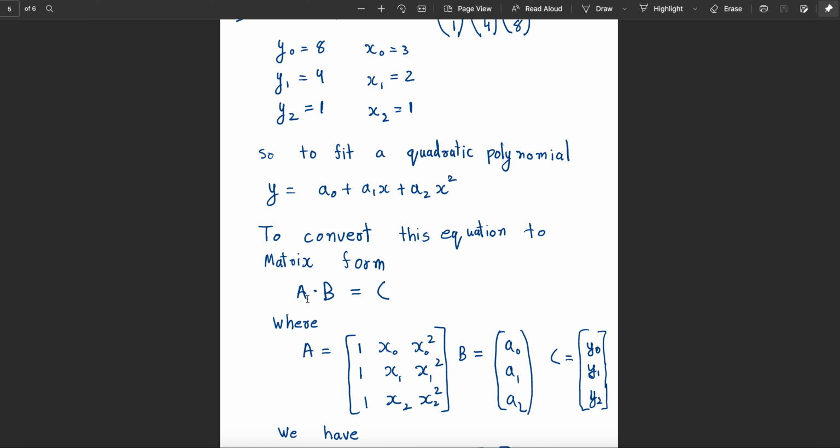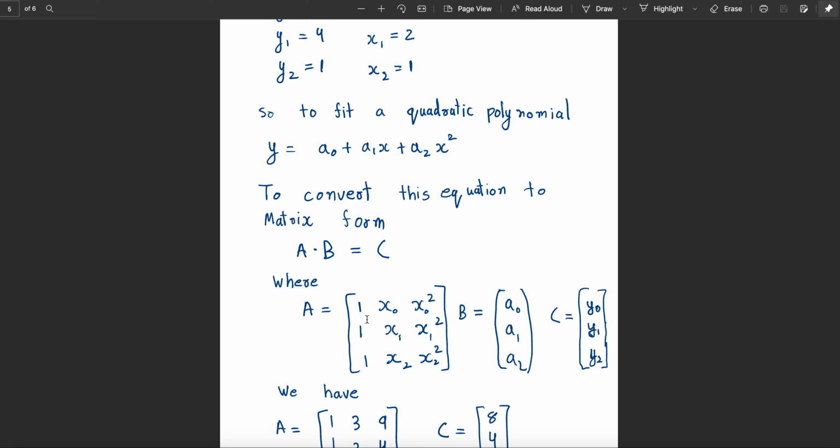So we need to convert this equation into a matrix form. So we write the matrix form of the equation: A times b is equal to c. So the A matrix is this. The first column is just ones, that represents the a0. Then x of degree 1 and x of degree 2 are written in two separate columns.